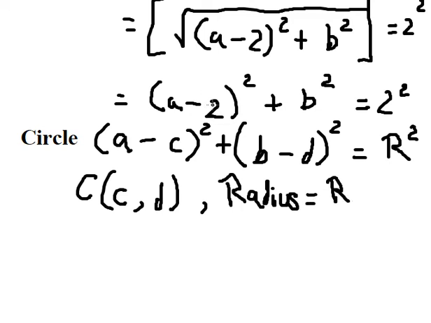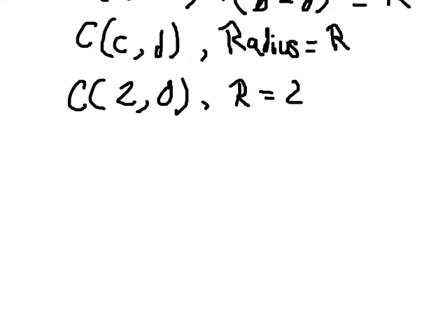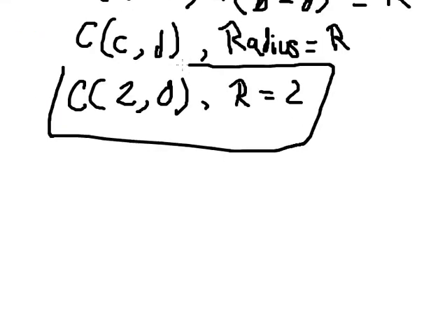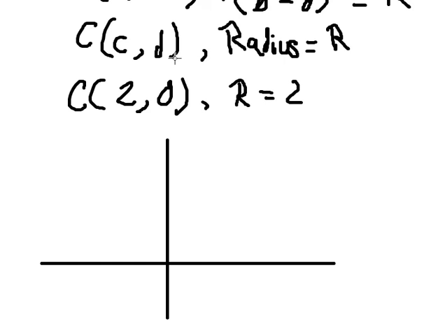So if we look carefully, the center in this situation is (2, 0), because we don't have d, which means d equals 0. And the radius is number 2. Now we need to graph the circle. This one is for a, the real axis.